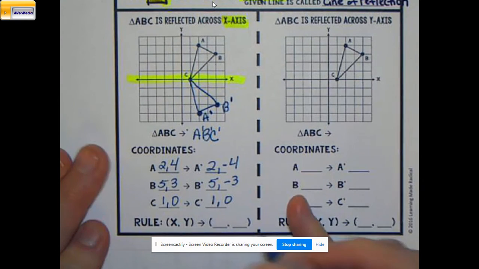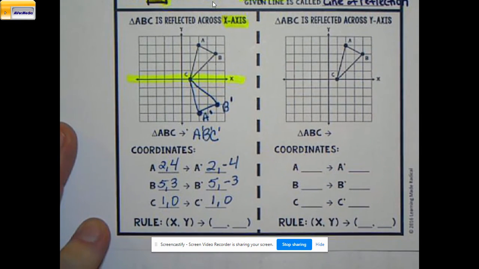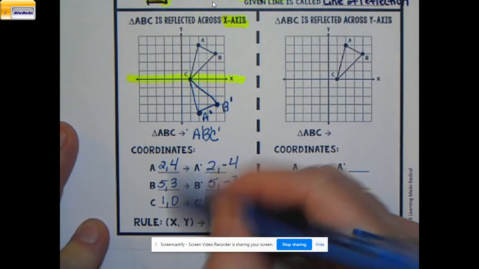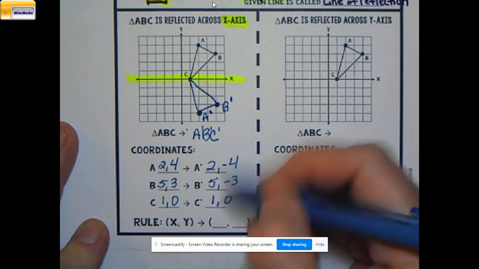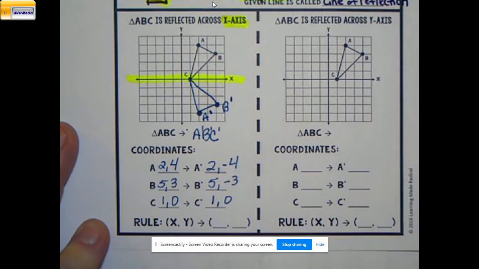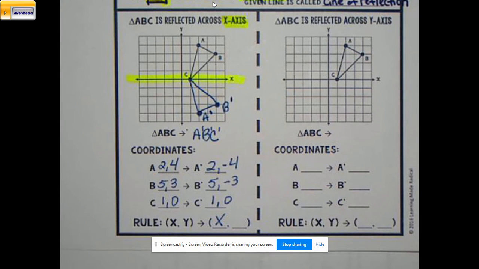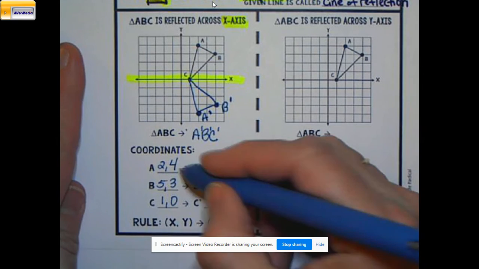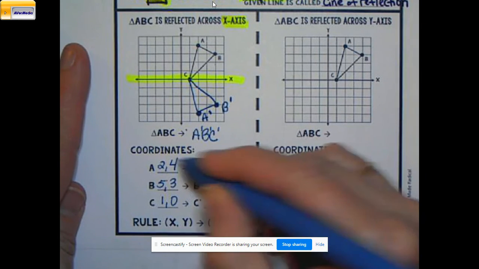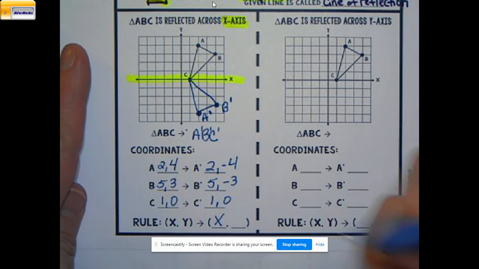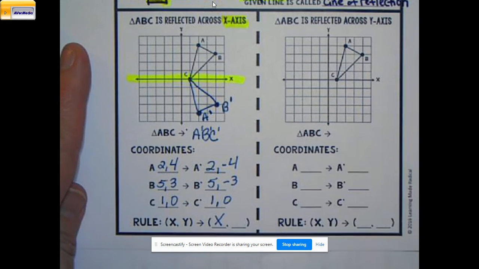So to determine the rule here, we need to look and see what changed. Well, if you look at your first set of numbers, your x values, those didn't change. So the rule here is that x doesn't change. But the y values, the second number, changed from positive to negative. Now the 0 can't change.